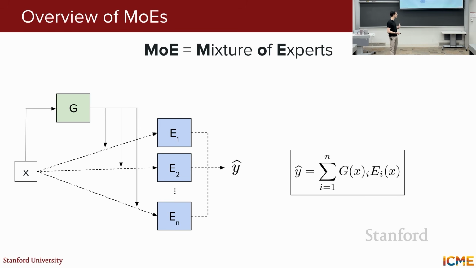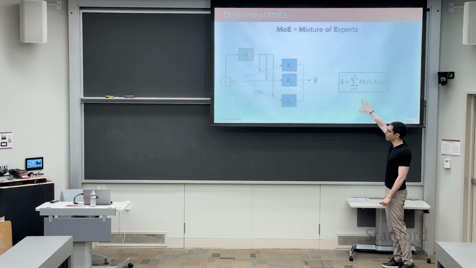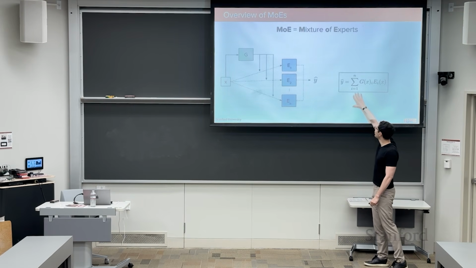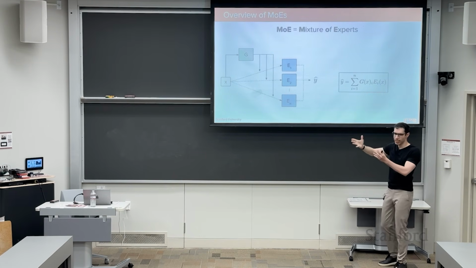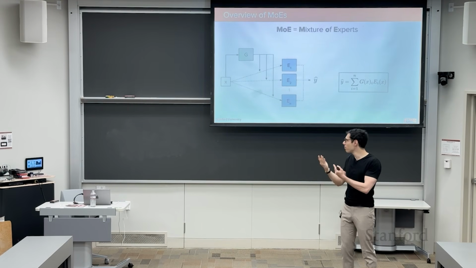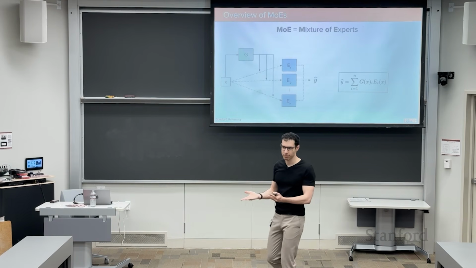Everyone talks about MoE, so these are mixture of experts. And so the formula that you will see a lot is this one. The output y, which is denoted y hat, is the sum of the expert outputs weighted by some quantity, which is the output of the gate, which tells you how important the output of each expert is.